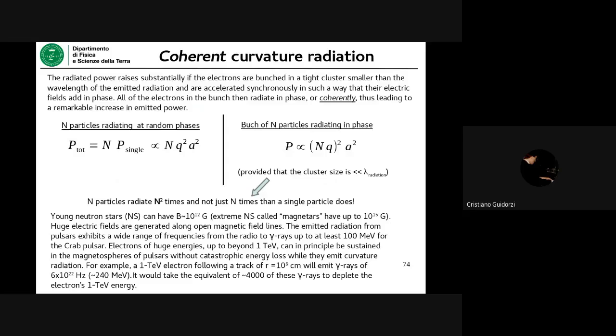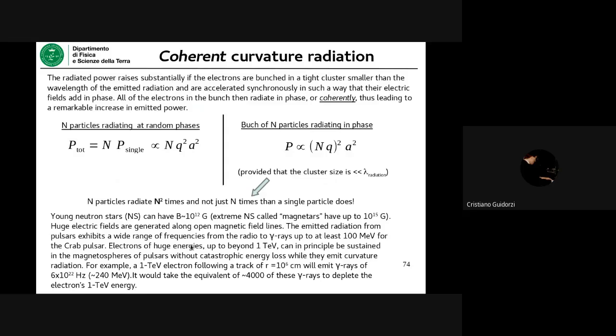If you remember the numbers, you can get back to the slide that we saw last time. For example, in the presence of a magnetic field of 10^12 Gauss, an electron can emit synchrotron radiation in a non-catastrophic way only if gamma is below 40. I remember this value. So some kind of 20 MeV, something like that.